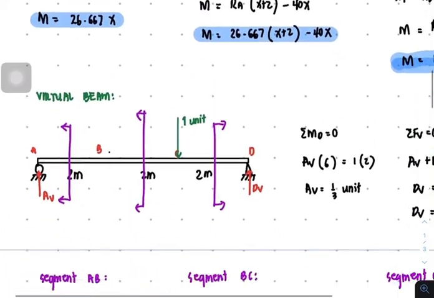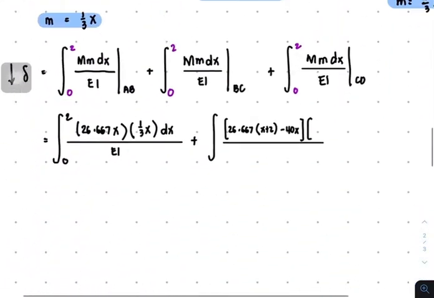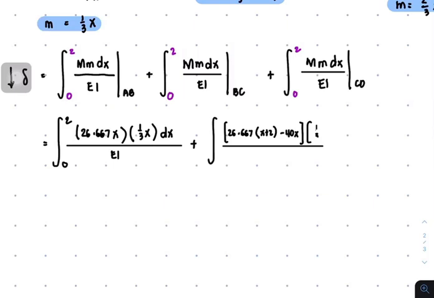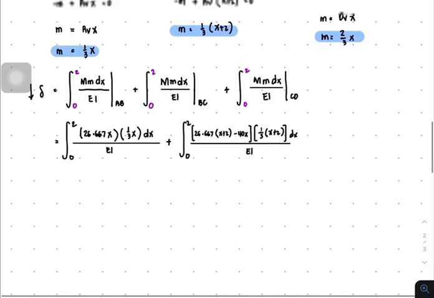It's 1/3 of x plus 2, dx over EI. The limit is from 0 to 2 again.